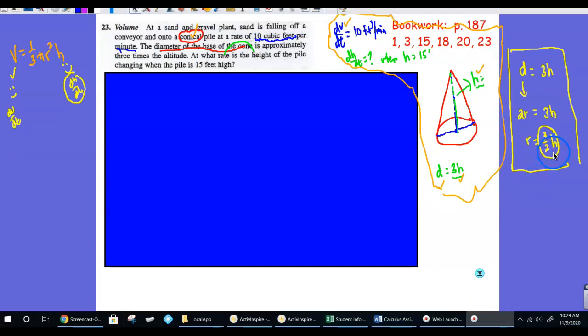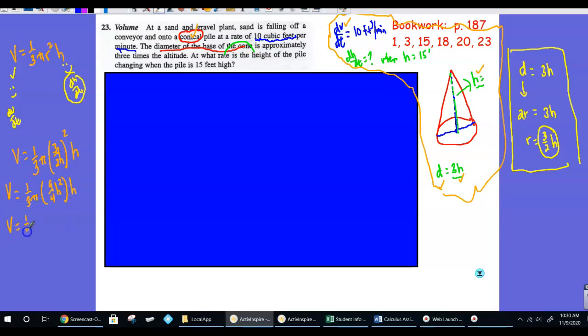So now that I know that r is equal to 3/2 h, I can come back over here to V and substitute 1/3 pi times 3/2 h. That allows me to go to one variable, and I've got to square that, times h. All right, now there's going to be lots of algebra cleanup, so I'm going to keep the 1/3 pi. I'm going to square the 3 halves and get 9/4 h squared multiplied by h on the outside.